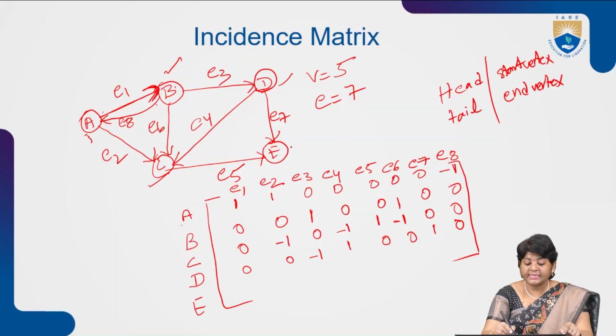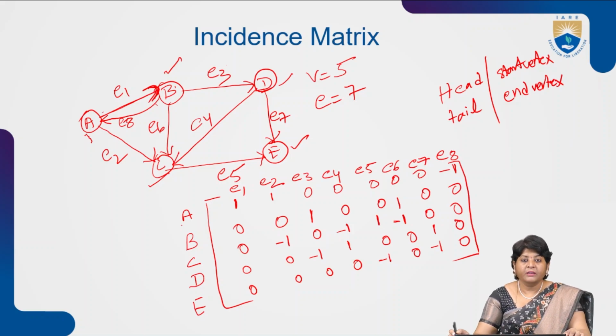Now, when you consider vertex E, it is acting as end vertex for both E7 and E5. So for E5 -1 and E7 also -1, and for the remaining edge connections we will mark it as 0.